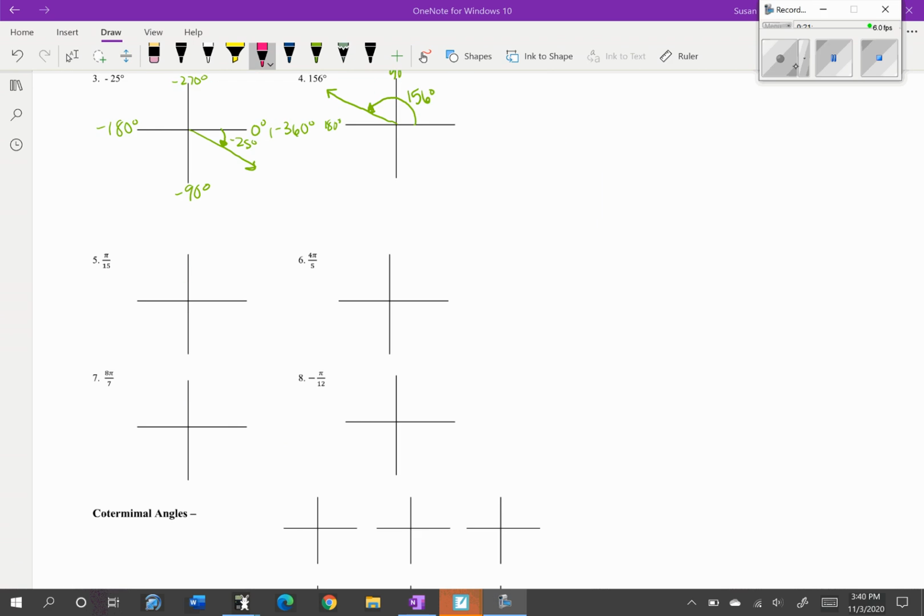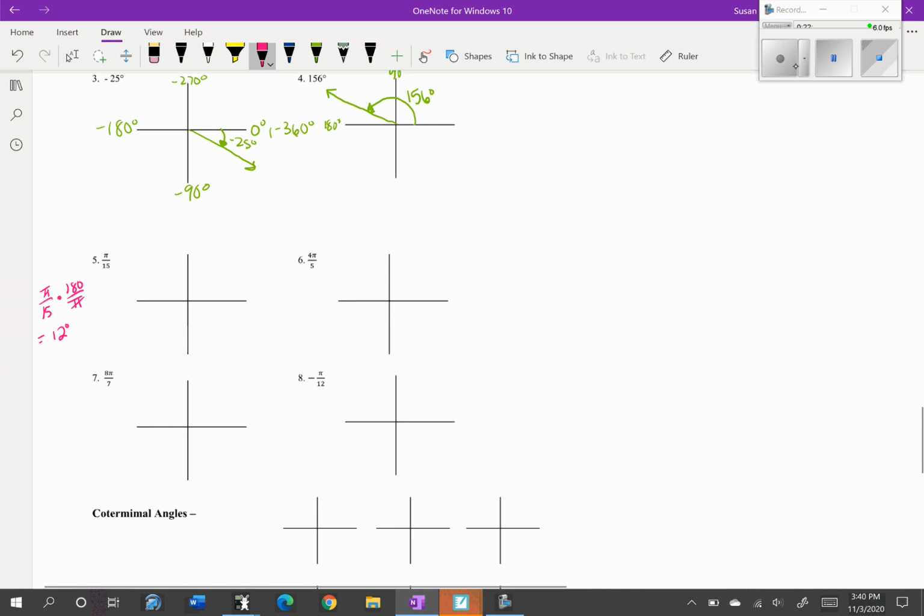Now we can do the same thing when we are looking at radian measures. If you can't tell with a radian measure, you can always convert to degrees. So if I have pi over 15, to convert this to degrees, I multiply by 180 over pi. So your pi's cancel out. 180 divided by 15 gives us 12 degrees.